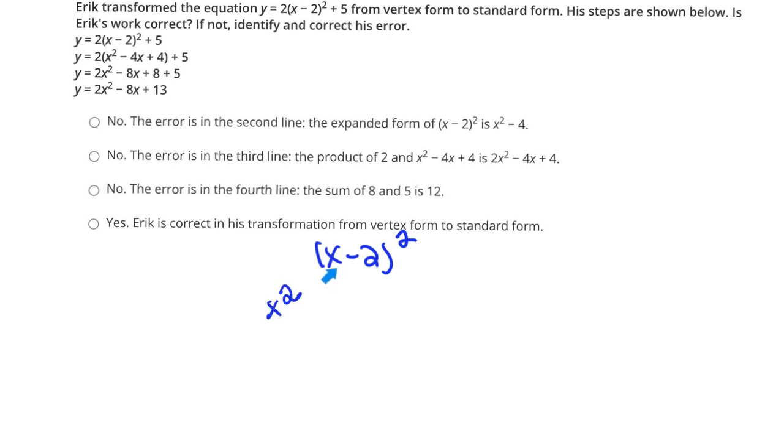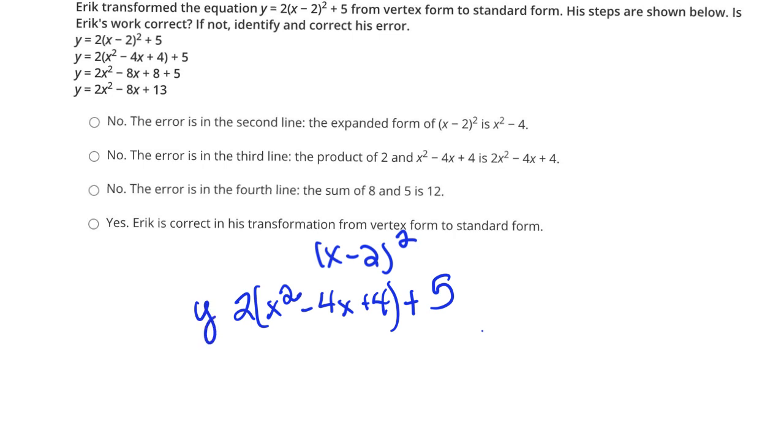Then I'm going to multiply x times negative 2, and then multiply that times 2, which is minus 4x. Your next step is to square your last term, and that becomes plus 4. If worse comes to worse, remember you can always use FOIL.